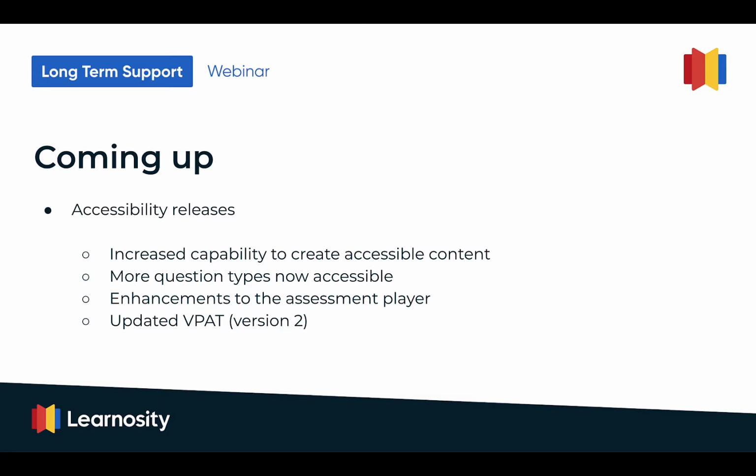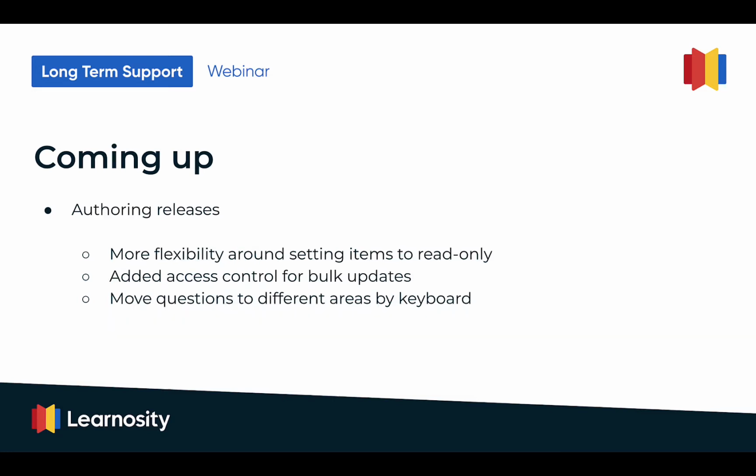We'll be talking a little bit about ATAG further on. 6 more of our question types are now accessible. We made a lot of enhancements to the assessment player. And we also updated our VPAT, our voluntary product accessibility template. That's now at version 2. And if you're interested in that, you can reach out to our customer success team.